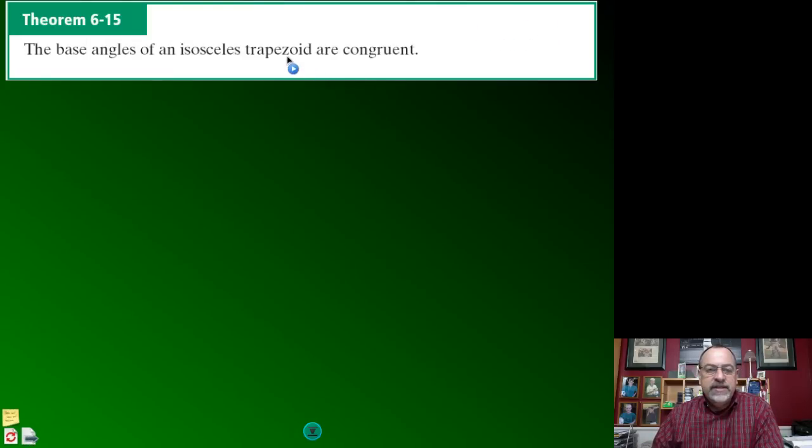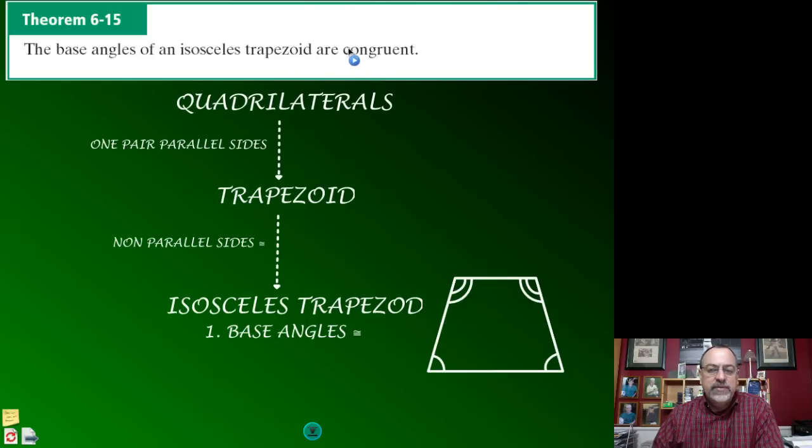Now, the theorem says that the base angles of an isosceles trapezoid are congruent. So going through our classification models, once we establish it as a trapezoid, if the non-parallel sides are congruent, we're talking about an isosceles trapezoid.